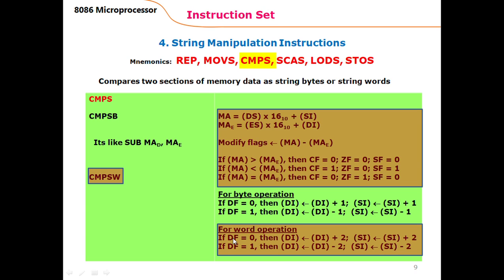If the direction flag DF is 0, auto increment mode is set, so DI and SI are incremented by 2 because 2 bytes have been compared. And if DF is 1, then auto decrement mode is set, so DI and SI are decremented by 2 because 2 bytes have been compared.